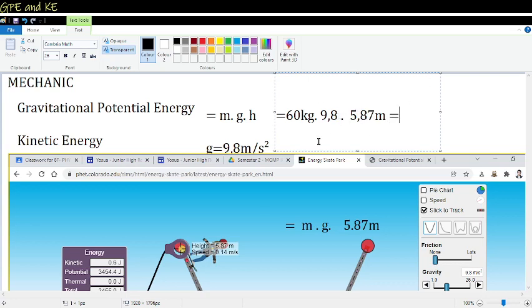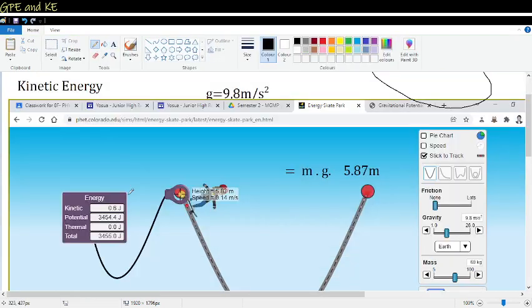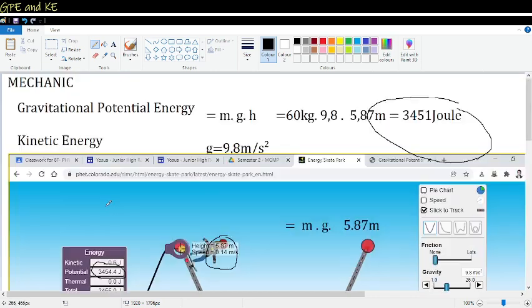So mass times gravity acceleration times height. From this calculation we get 3457 joule. Let's check the simulation. Maybe because of the round off it's a bit different, but it's around 3451 joule. That's how to calculate the gravitational potential energy.